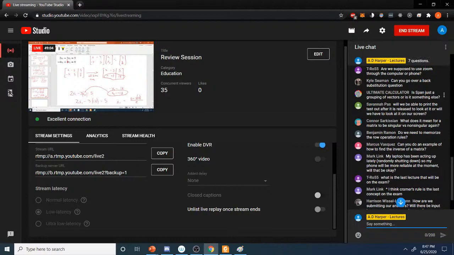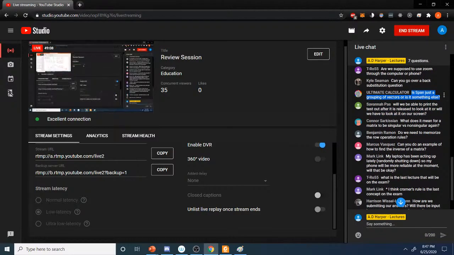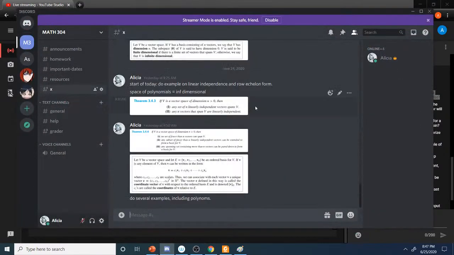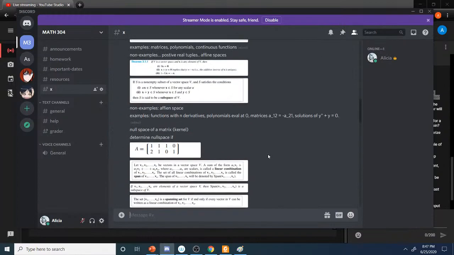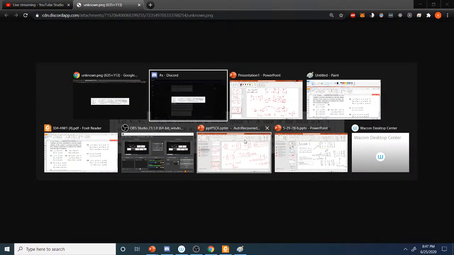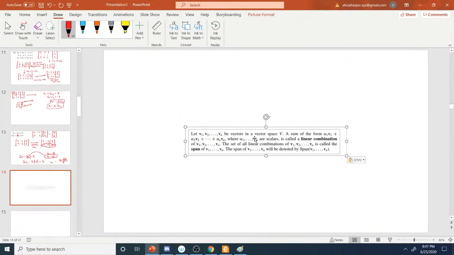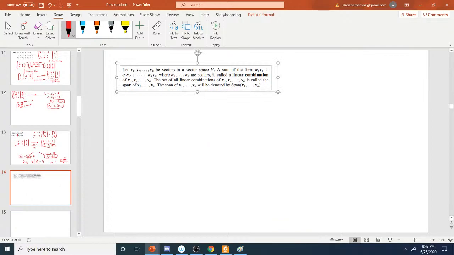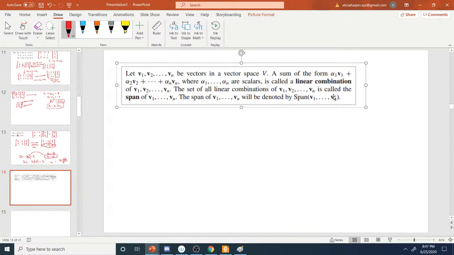Let's go up to the next math question. Is span just a grouping of vectors, or is it something else? So I'm going to give you guys the actual definition of span. I want to emphasize that this will not be on the exam tomorrow.